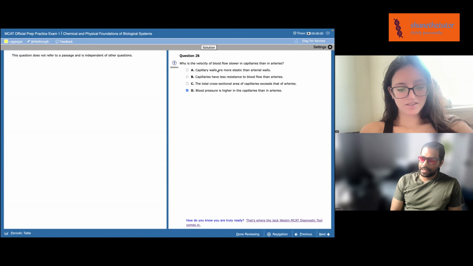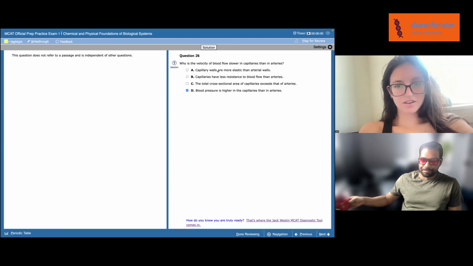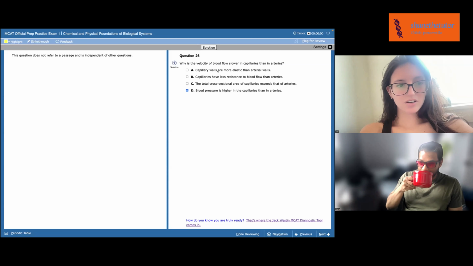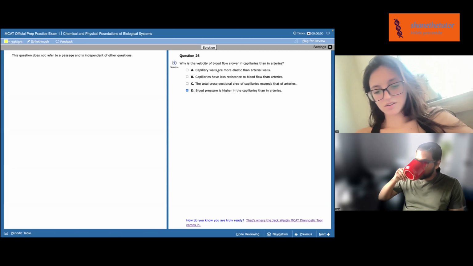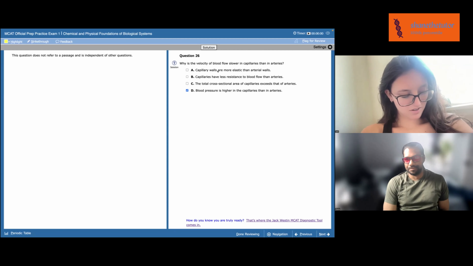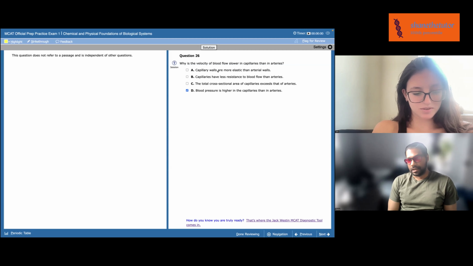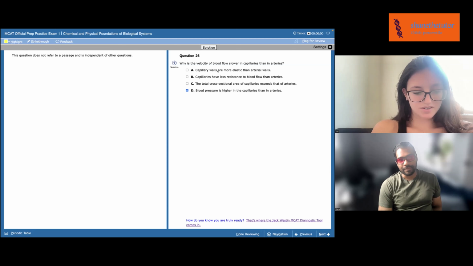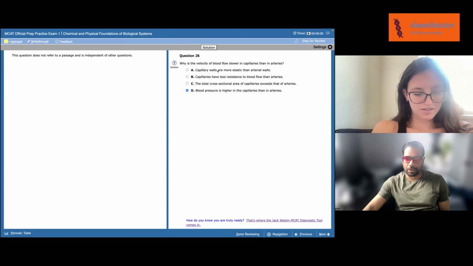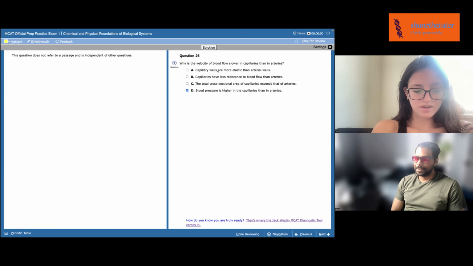Most definitely did not learn this in middle school. If not that, then at least in your bio classes, the difference between a vein and an artery and a capillary.